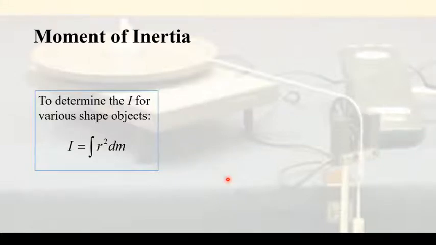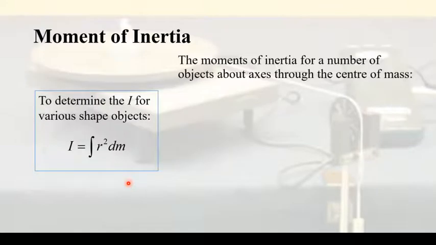So I equals the integral of r squared dm. You don't have to know how to use this equation. I'm just telling you the difference between the equations that we're going to look at now and the equation from the definition. This is just for your knowledge or for reference.